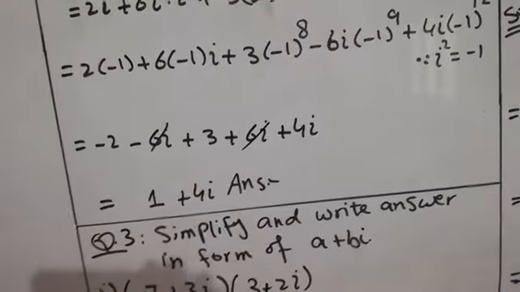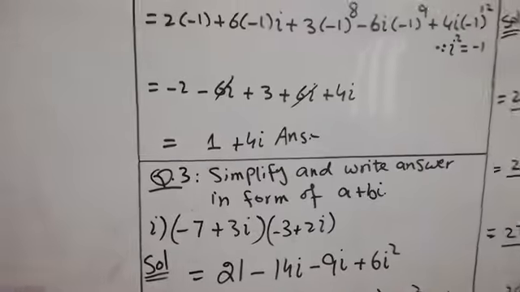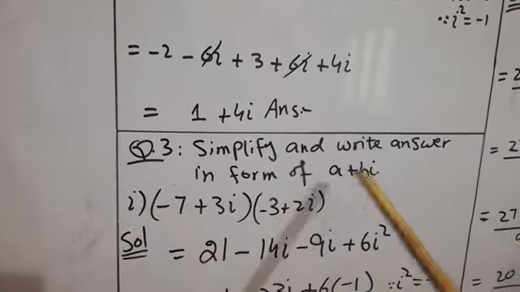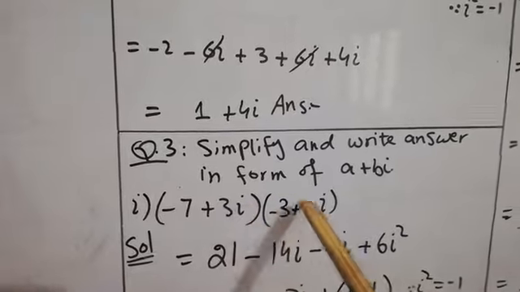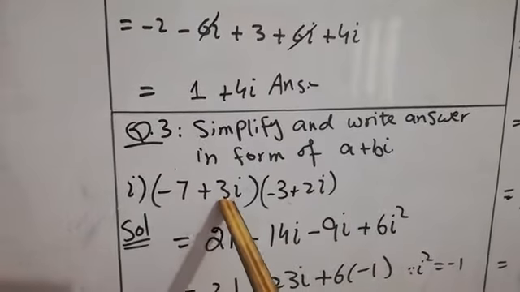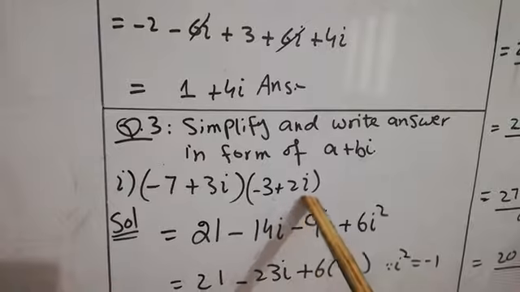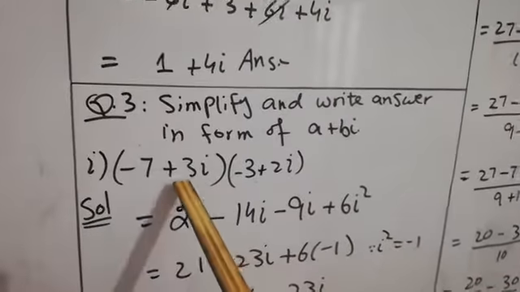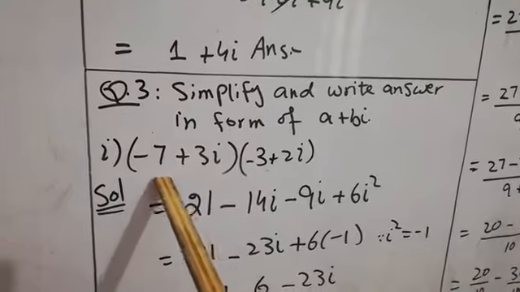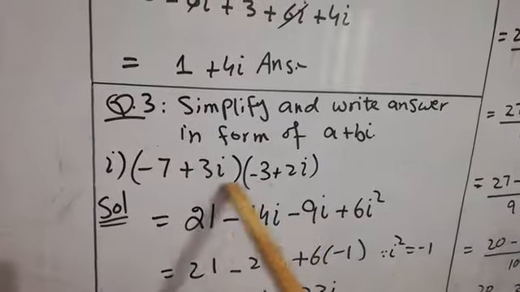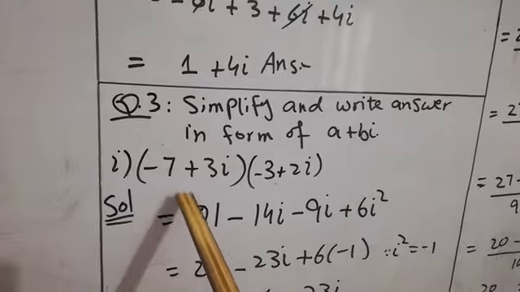This is the answer. Question number 3, simplify and write your answer in the form of a complex number. Now we have the multiplication of these two complex numbers: minus 7 plus 3 iota into minus 3 plus 2 iota. Dear students, first of all we will multiply these two complex numbers with the rule of multiplication: minus 7 times minus 3 is equal to 21.